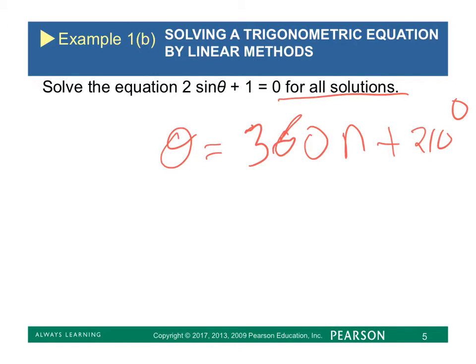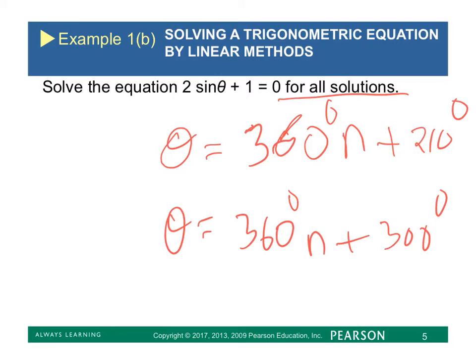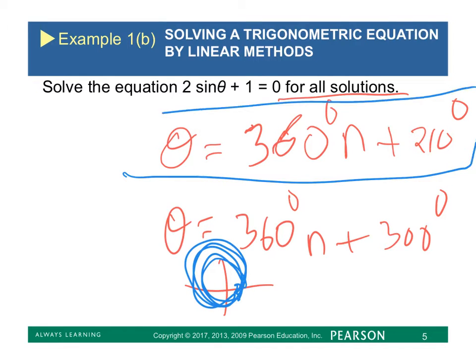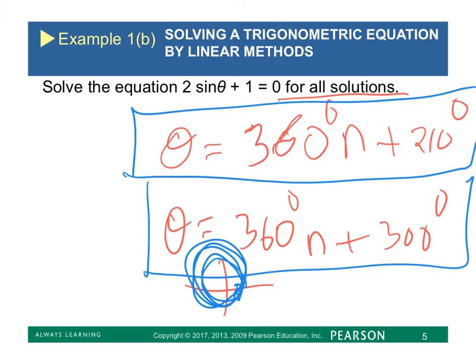I think that'll work. The other one was theta could be 360 times the number of times you go around plus the 300. Because you always have that 300. Then you got to add 360 plus another 360 plus another 360. So that's your generic answer for all possible answers.